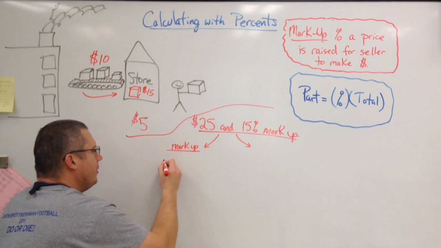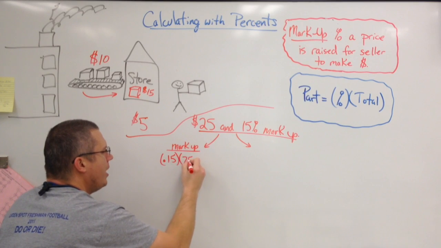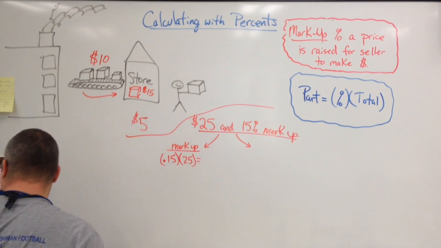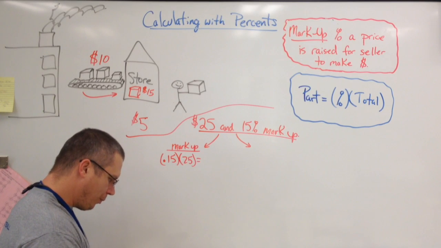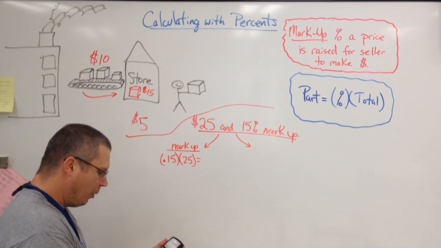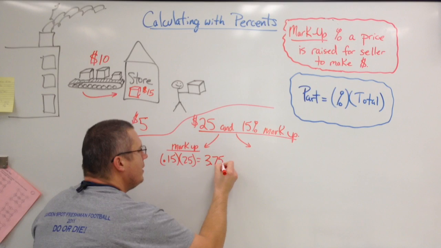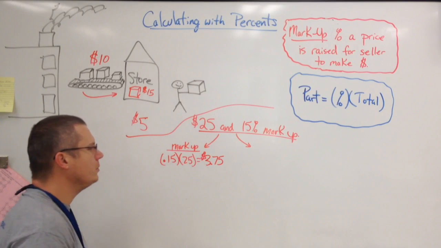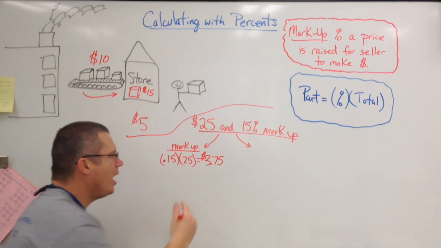Markup, percent, 0.15 times my total, 25. What is the markup? No, class is not over, that's just the bell. 0.15 times 25 equals, the markup is $3.75. Okay, so that's how much they're raising the price of the object.